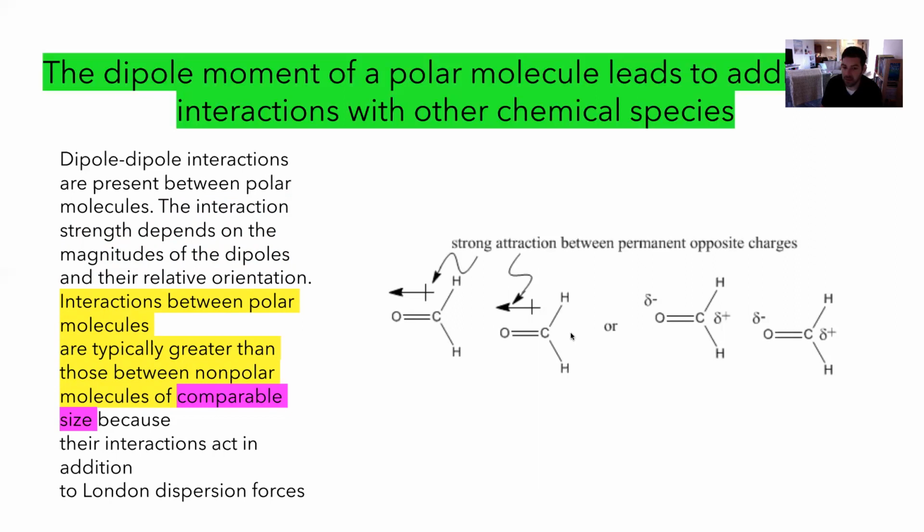So formaldehyde molecules will have dipole-dipole attraction, whereas the ethanes will not. But you can only compare them because they have a comparable size. So that's why we can say formaldehyde has stronger attractions because of dipole-dipole than ethane. Often we don't have a comparable size.